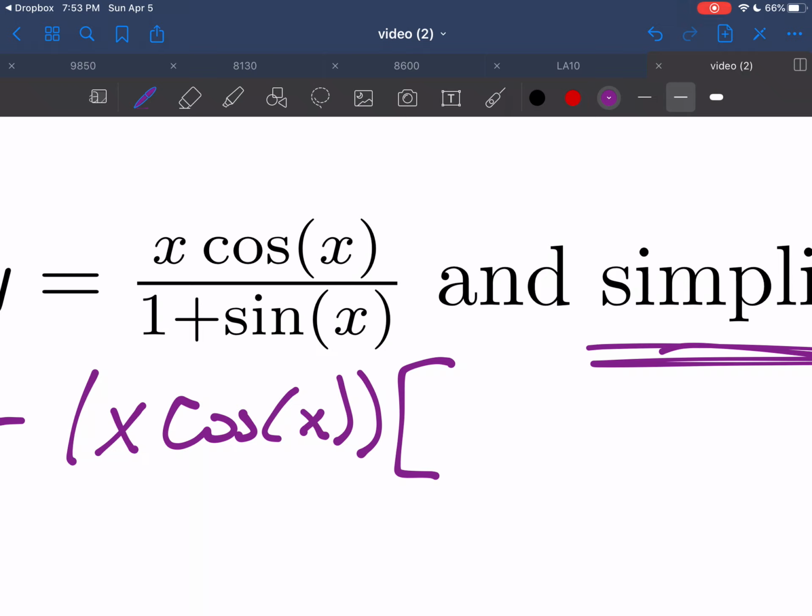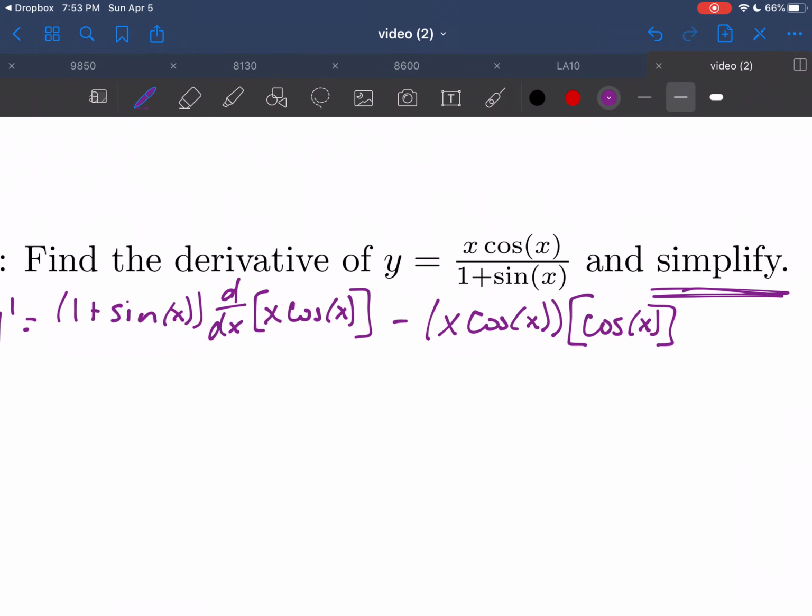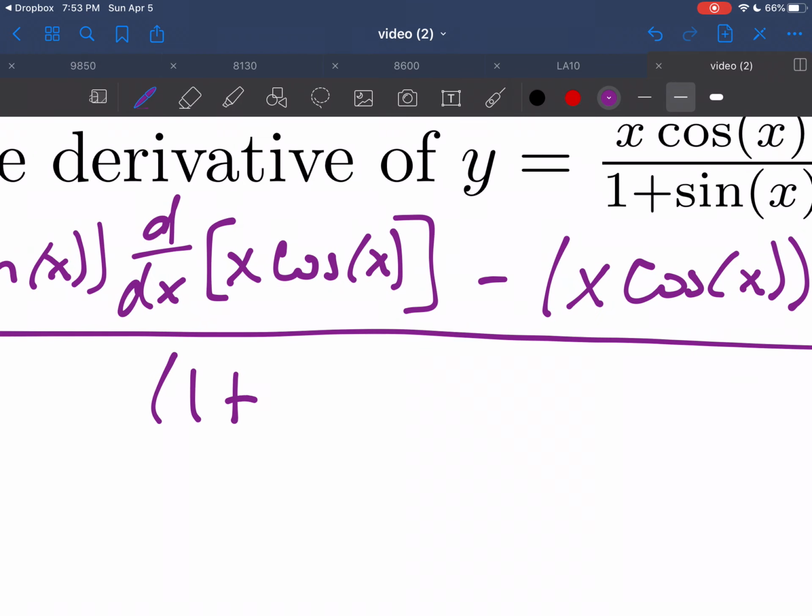So derivative of 1 is 0. So then the derivative of sine is just cosine of x. Okay, divided by 1 plus sine of x squared.